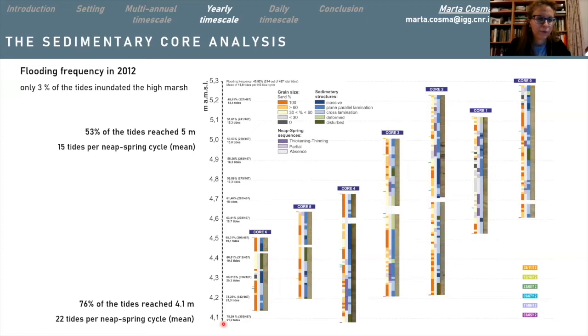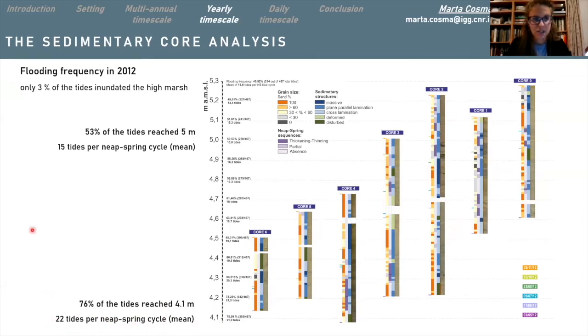Whereas at 4.1 meters, which is a little bit higher than the channel tide, the tide reaches this zone 76% of the time, and here the neap spring cycle consists of 22 tides.